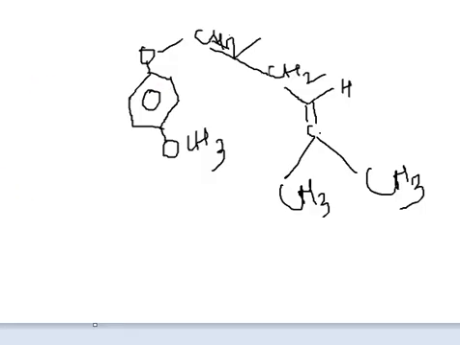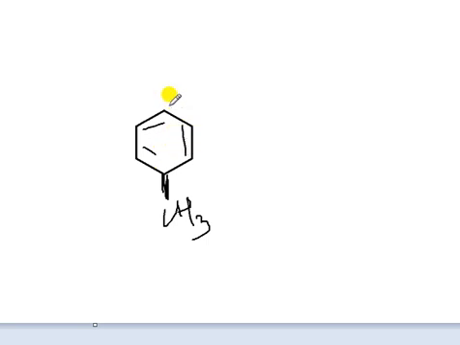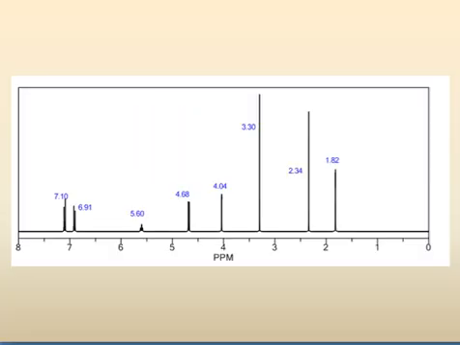Let's draw the molecule. We got a para-substituted compound, so let's write a para-substituted benzene ring. I told you this is now a CH3, not OCH3, because it shifted much down, 2.34. There is no benzyl proton.